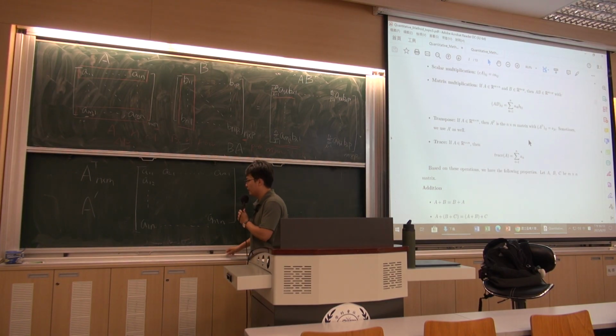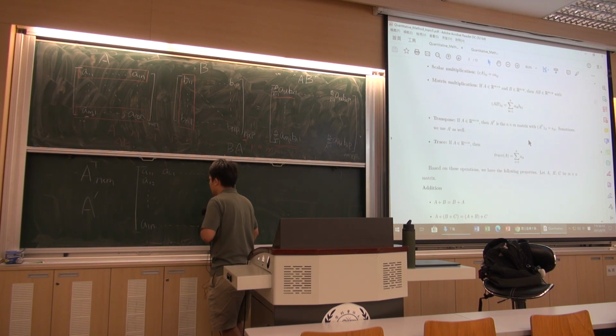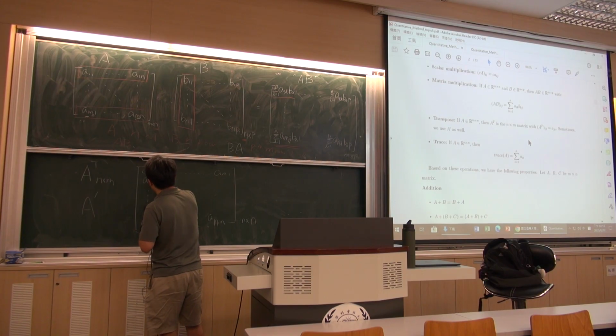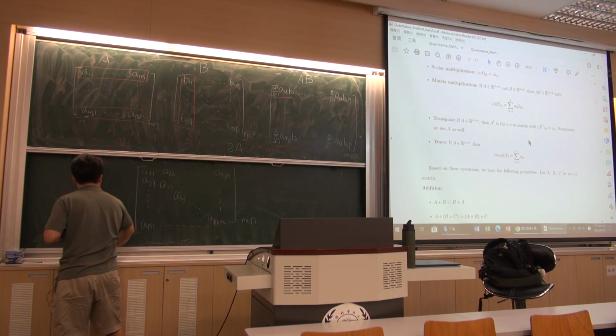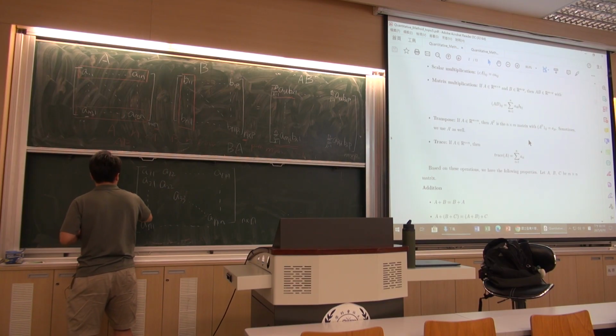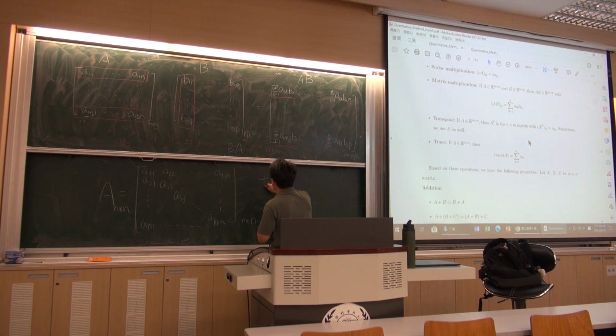Say now we have the n by n matrix A, with entries A 1 1, A 2 2, A 3 3 on the diagonal.